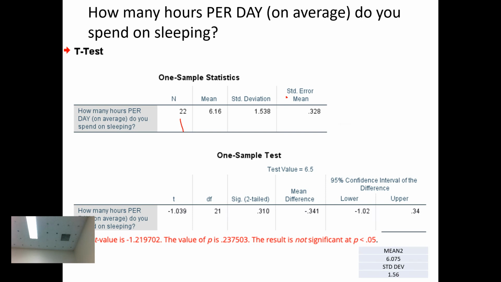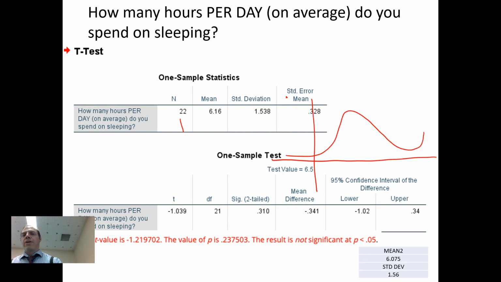Draw the distribution. And these are critical values. The sample fell here, closer to the mean.